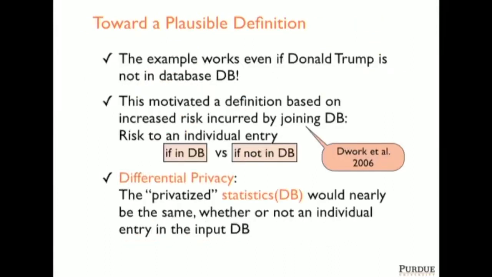Okay, so that shows that auxiliary information can immediately break privacy for any individual, in our case the example that we take, Donald Trump. The key interesting thing to remember is that this works even when Donald Trump is not present in this database.